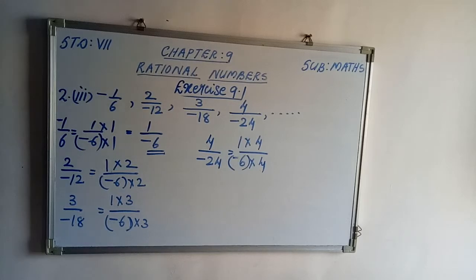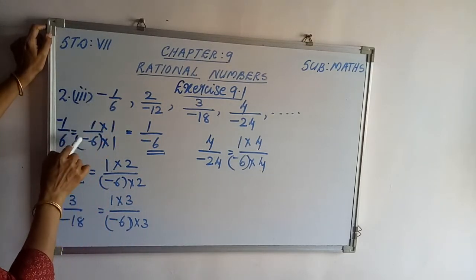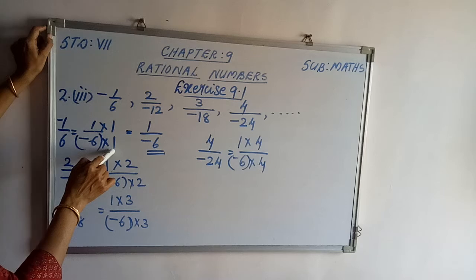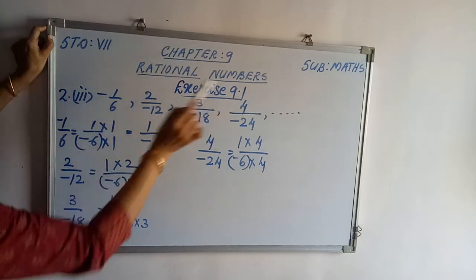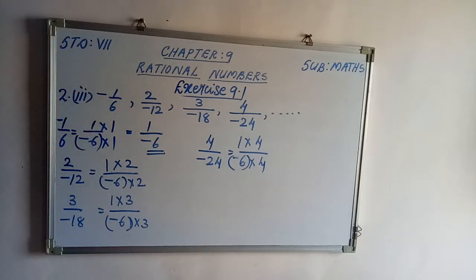Okay? Minus 1 upon 6 is equal to 1 into 1 upon minus 6 into 1. Then multiply this by 2, here by 3 and here by 4. So how will you get the next one? By multiplying with 5, 6, 7 and 8 in both numerator and denominator.